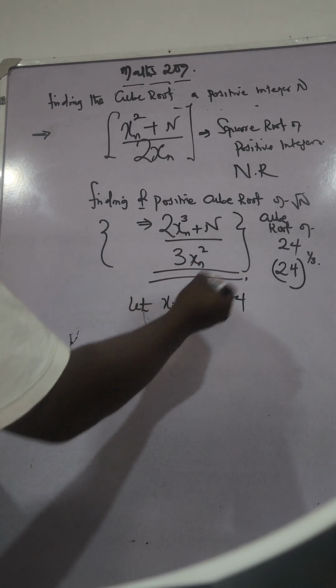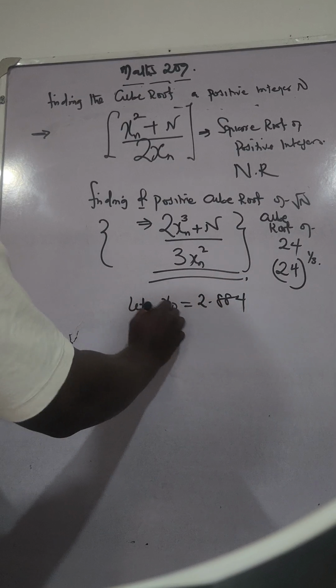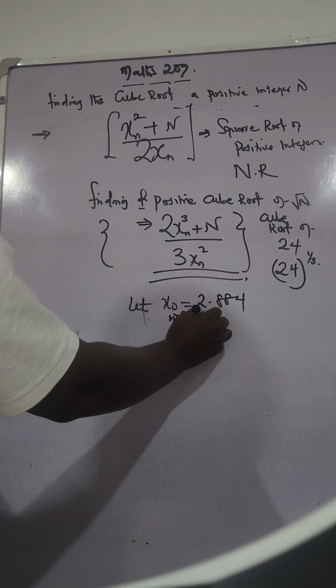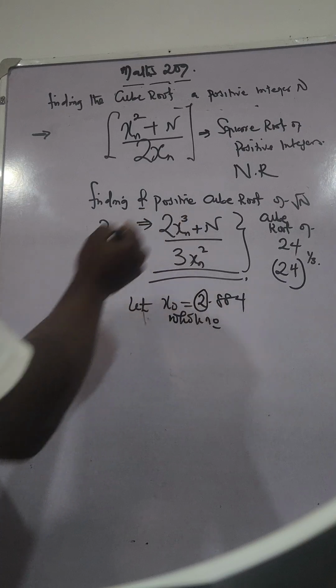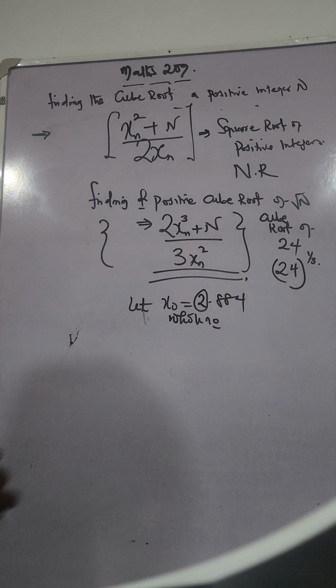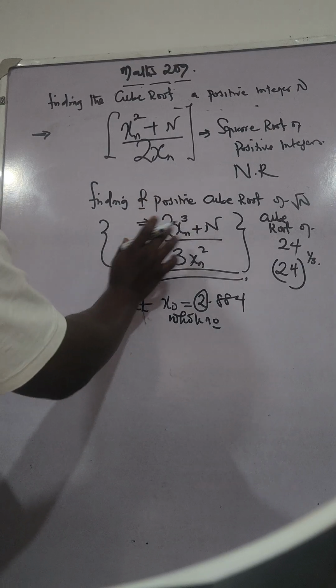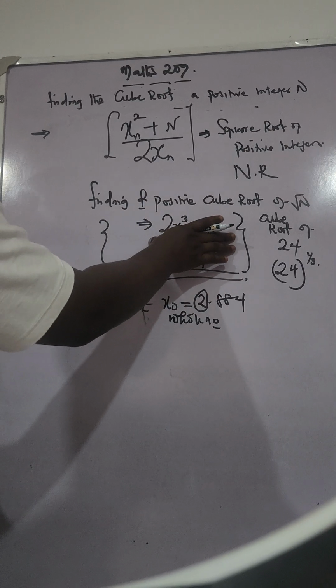The cube root of 24 is 2.884. So we are picking the whole number only, which is 2. So you are simply inputting that value here in this function.